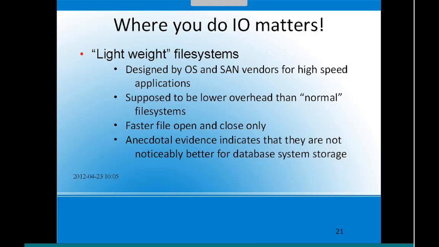They've all been optimized for file type I/O, like opening and closing small files. Databases don't open and close files very often. They typically open a file when they start up, and they leave those files open forever. So there's very little performance gain from lightweight file systems, in my experience, and most database vendors don't have any particular recommendation to use them.